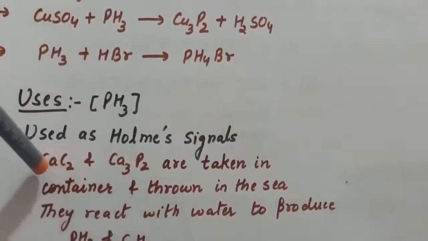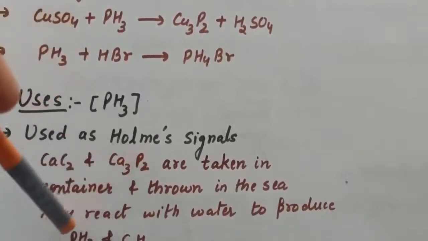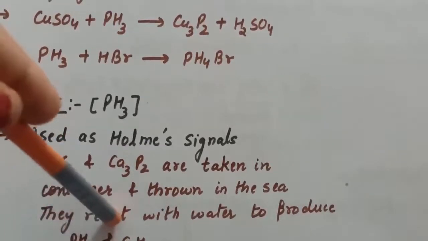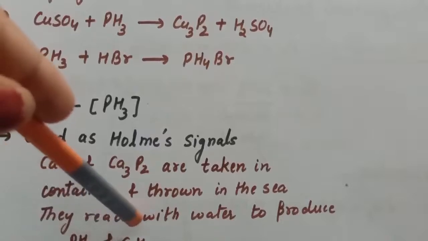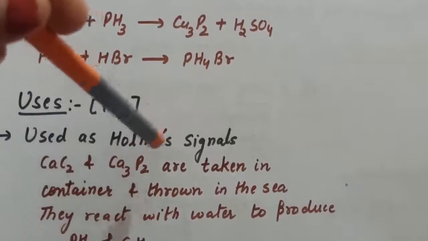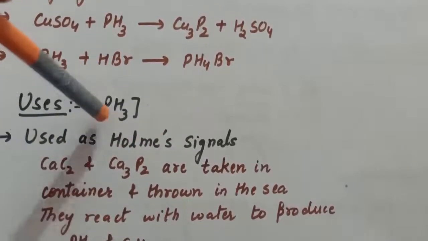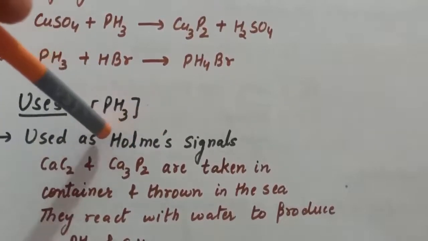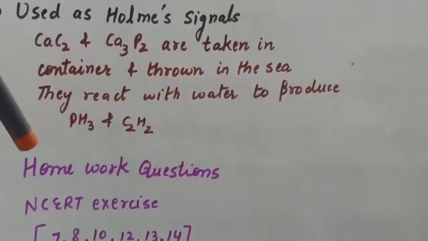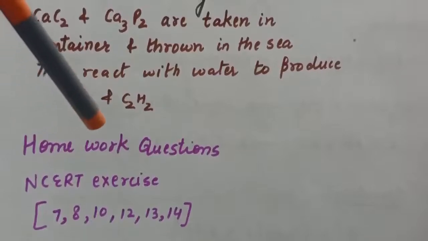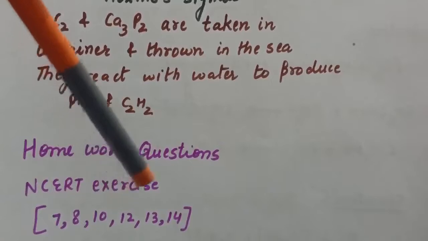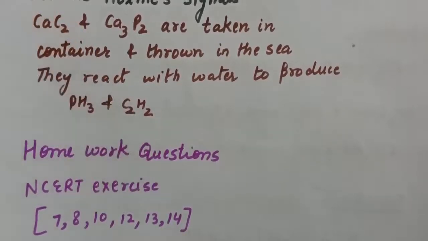They will react with water to produce PH3 and ethyne gas, which burn, and thus they guide the ships in the sea. So PH3 is used as Holme's signals, or you can say it is used in guiding ships in the sea. After doing this, you can solve NCERT exercise questions number 7, 8, 10, 12, 13 and 14.